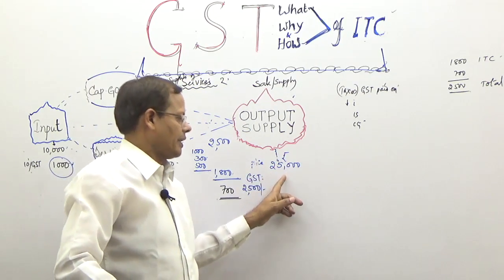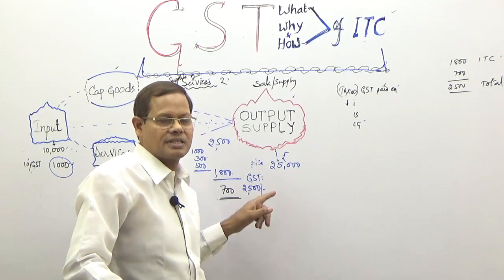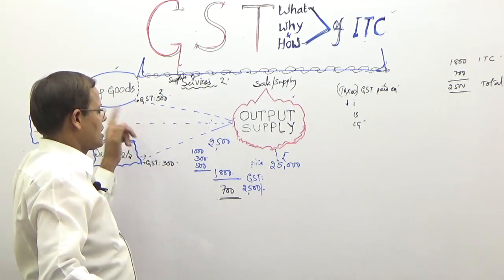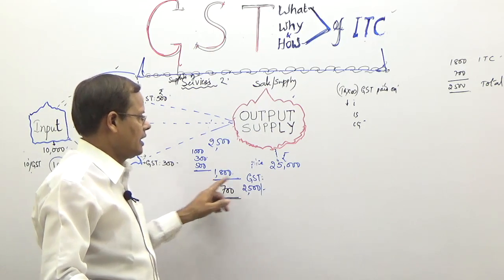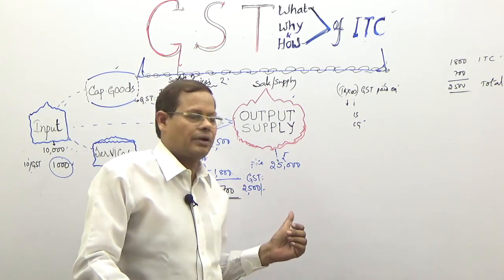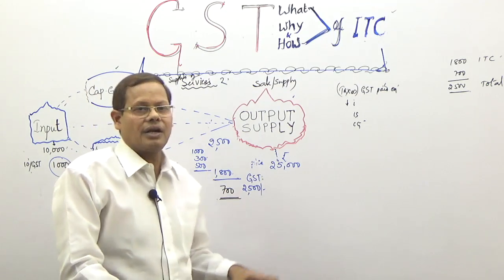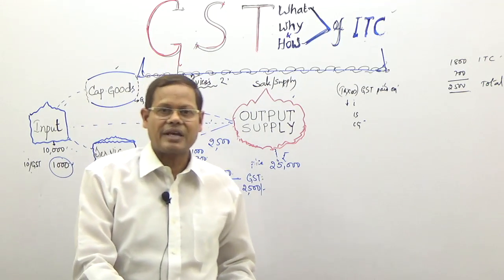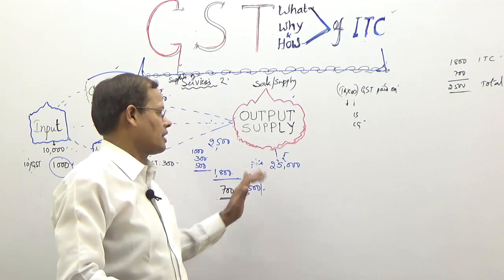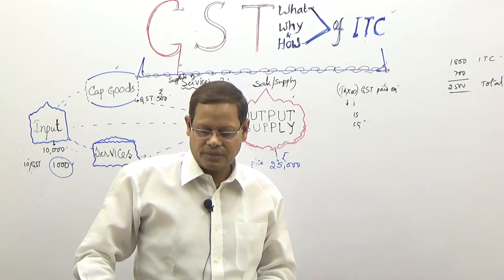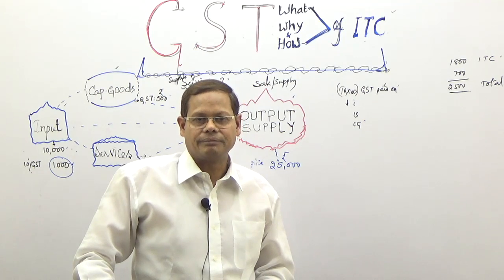And fresh you are paying tax 2500. Earlier taxes were also there to the extent of 1800. Now you are also paying 2500. 2500 plus 1800 is equal to 4300. If the gross value system of taxation is followed, 4300 is paid. There is a lot of burden on the consumer.